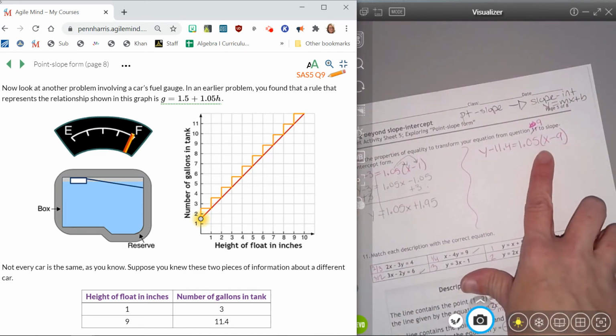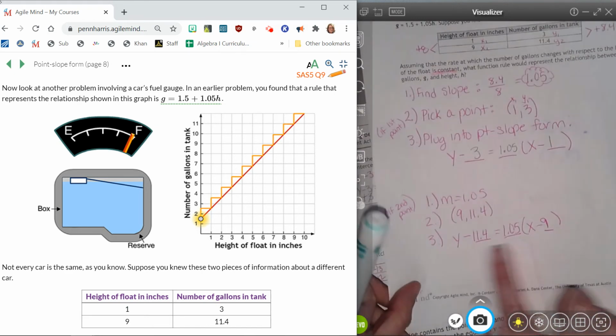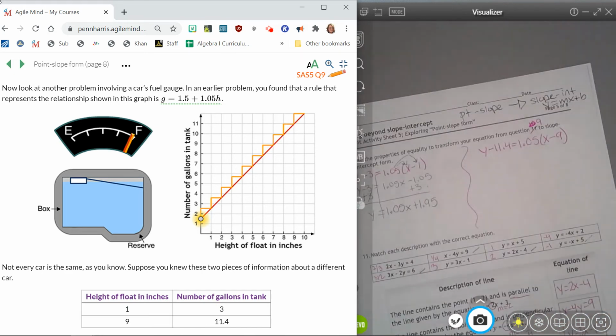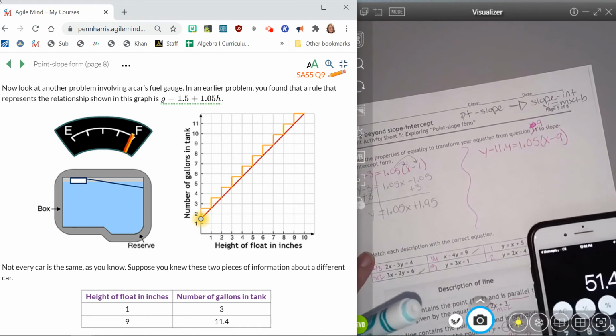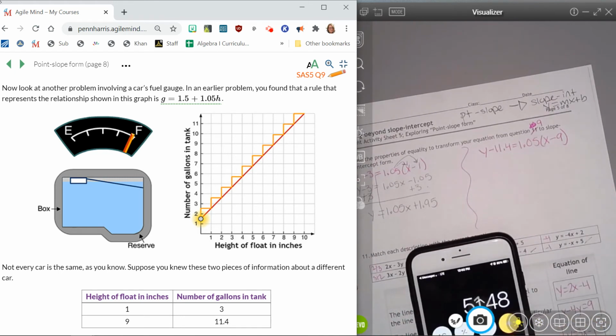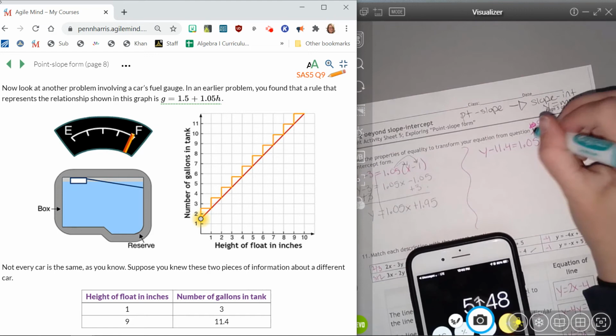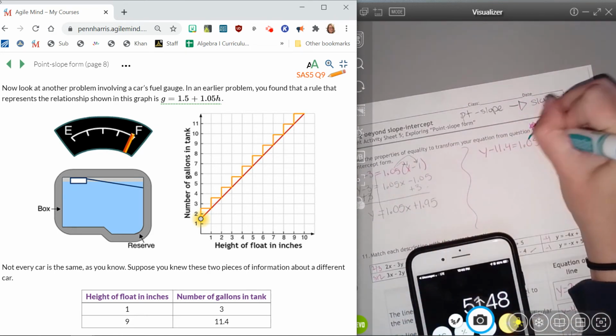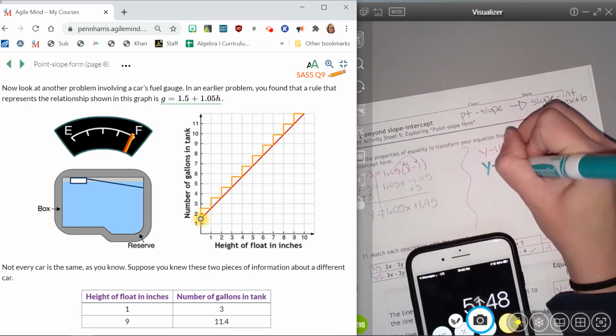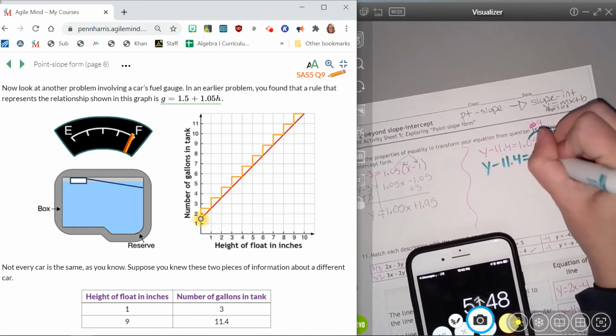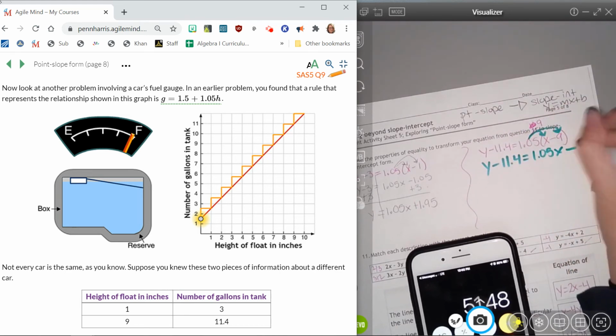So again, guys, this is just me using the other equation that we came up with. Same exact thing. Okay, let me get my calculator ready here. So first thing I'm going to do, just like I did over here, we're going to distribute. y minus 11.4 equals 1.05x minus 1.05 times 9, which gives me 9.45.